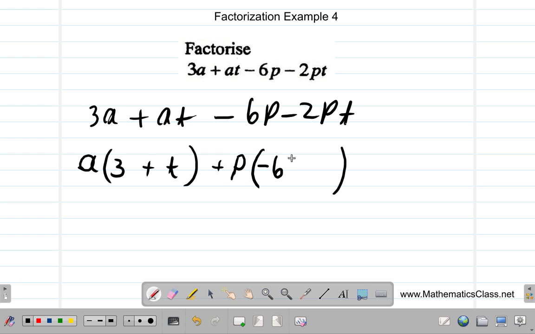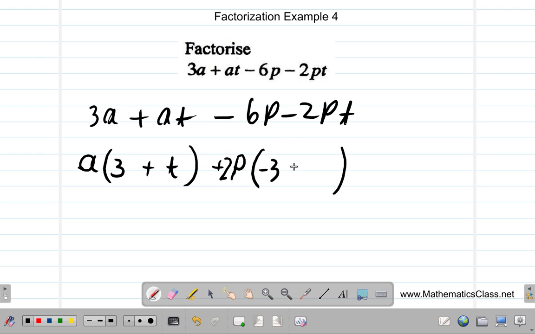Well, we see that 2 can be factorized as well. 2 can go into 6. So we put a 2p outside the bracket. So what's going to happen here is that 2p times this will give you 6p. 2 times what gives you 6? 2 times 3, but it's a negative 3.